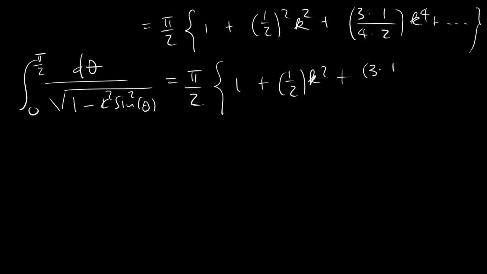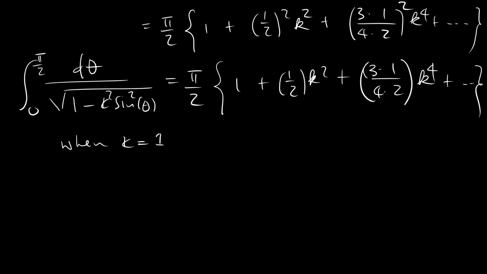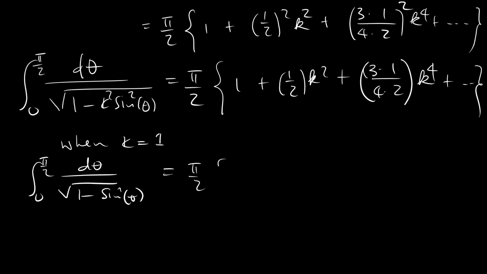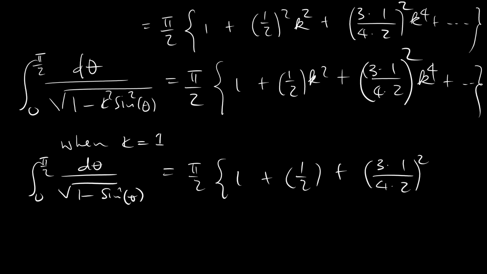Is what is shown here. There's a square there, sorry, 2, k to the 4, and it's interesting because when k equals 1, that means that we have the integral from 0 to pi over 2 over the square root of 1 minus sine squared theta, which is the same as pi over 2 times 1 plus a half squared plus 3 times 1 over 4 times 2 squared, sorry, there's a square there, k to the 4 all the way.